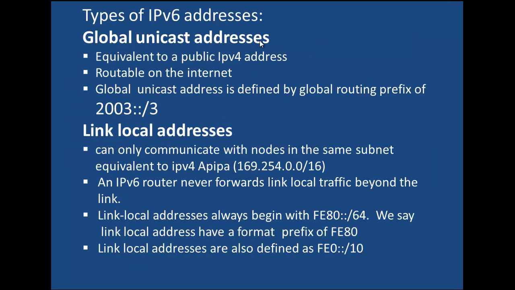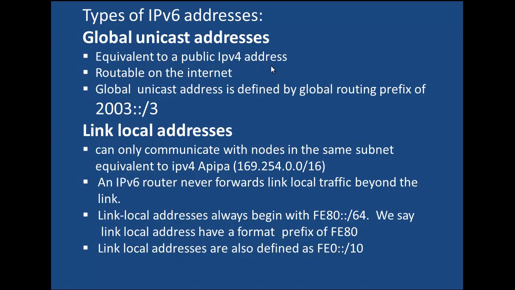The first type of IP address we want to look at is called a global unicast address. This type of address is used to communicate on the internet. We say it's routable on the internet.